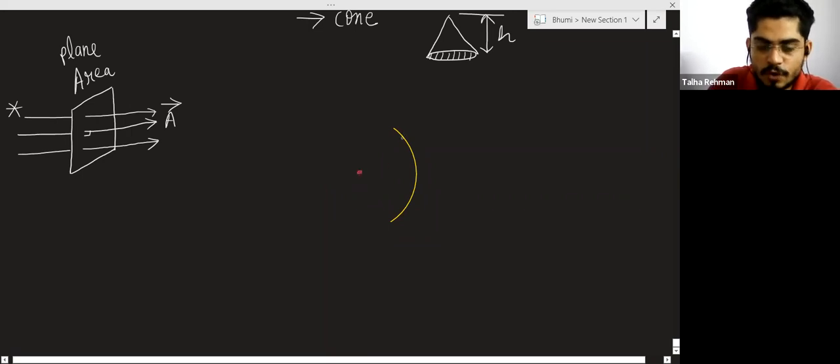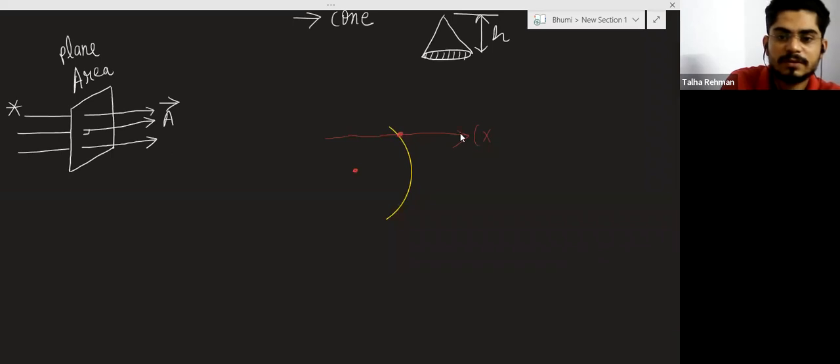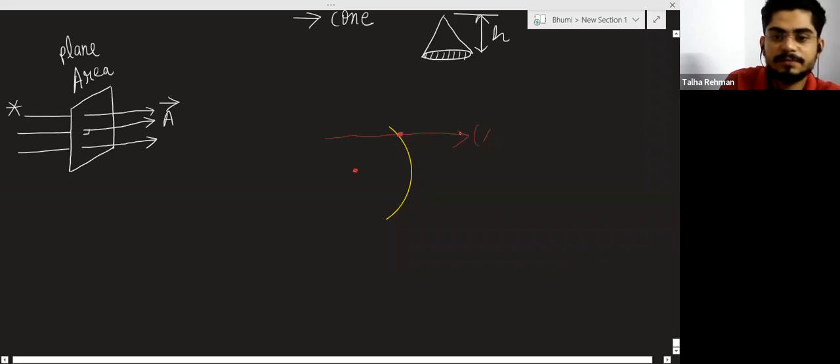If you want to find the area vector here, you cannot say that the area vector of this is this. This will be wrong. You have to take the area vector from the center.